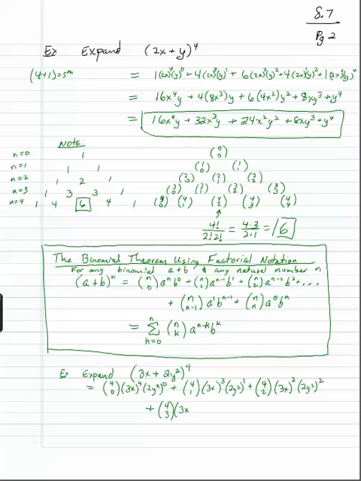So remember, we're going down for the first term. So it's 4, 3, 2, we're down to 1.